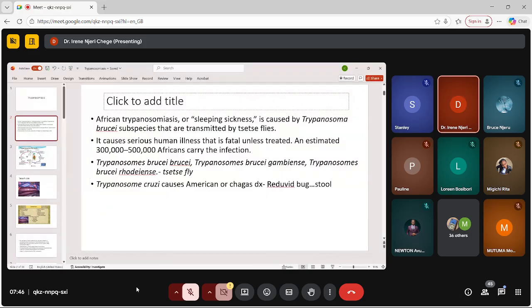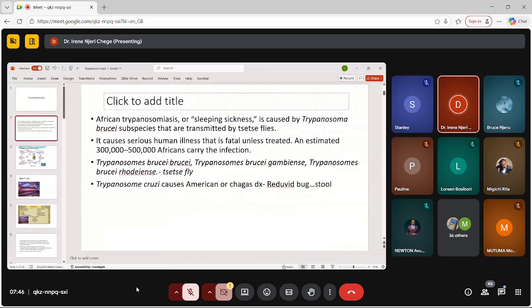In brucei, only the trypomastigote forms are present. But in gambiense and rhodesiense, we need two hosts to complete the cycle. You need the human host, and then the intermediate host, which is the tsetse fly.